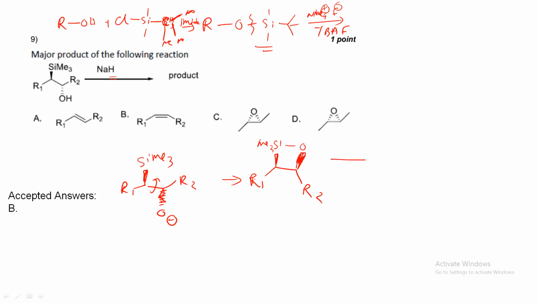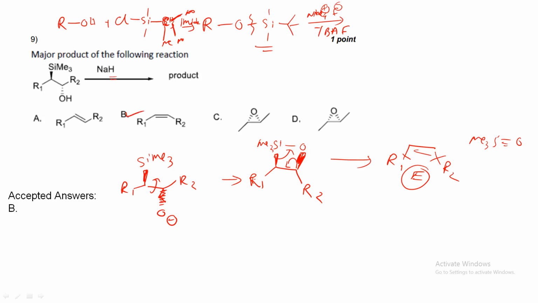Now after that, just this elimination, and it would be forming this. And here this kind of species may be forming something like this, and we have generated an olefin where the stereochemistry would be E. So now just search for this option, and it would be the right option.